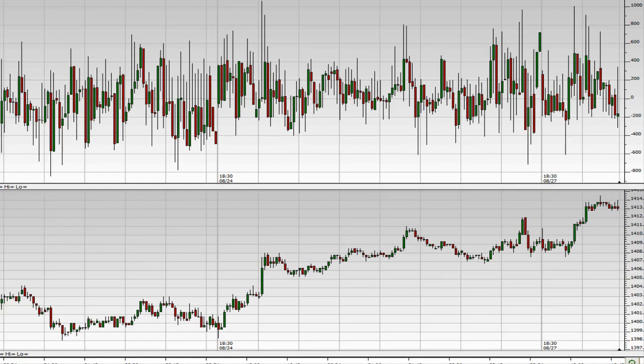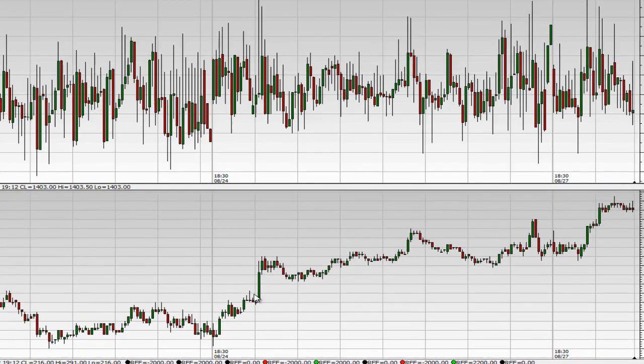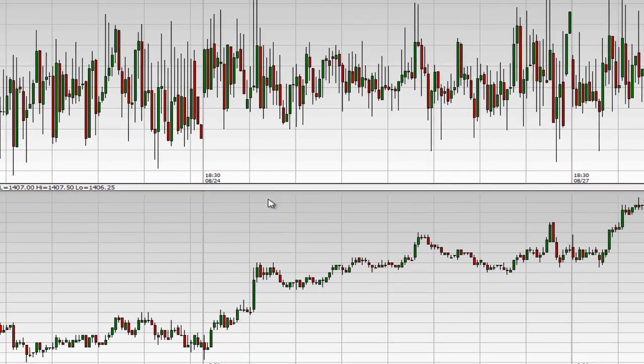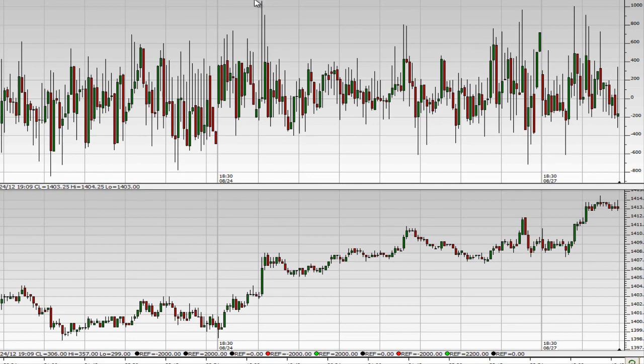Okay, here I've overlaid the NYSE tick chart over top of the S&P 500 price chart. And take a look at what was happening here. The market opened up on this day, drove up higher, and then had a big bar that just shot up and expanded higher very quickly. Now look at what was happening with the NYSE tick at the same time. It shot to over 1,000.